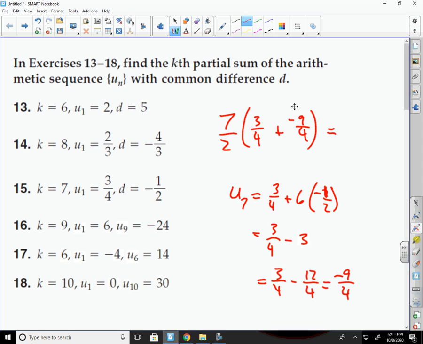So inside of here is negative 6/4. That's negative 42 over 8. We can reduce that by dividing the top and bottom by 2. It gives me 21 over 4.